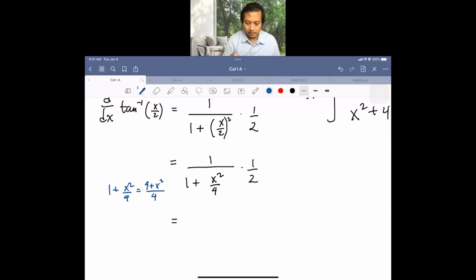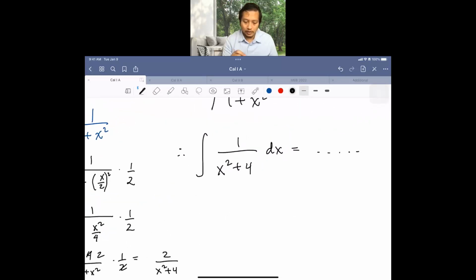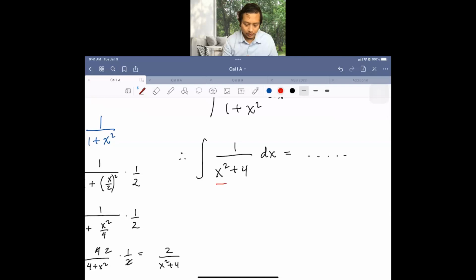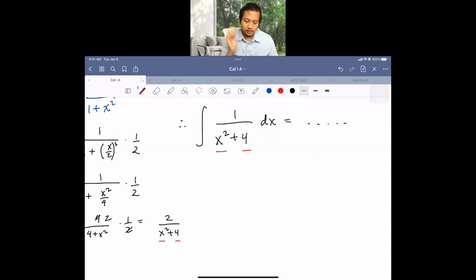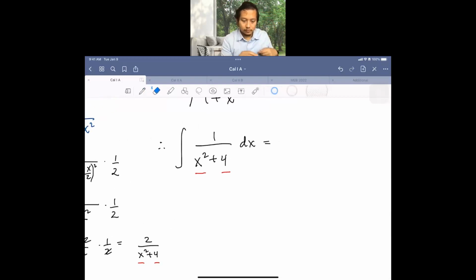So we could make it 4 plus x squared and multiply by half, cancel this 2, so we have 2 over x squared plus 4. Now as we see from what we have, we have x squared plus 4, so we actually need just to multiply by half to cancel this 2 in the top. So this will result in half tangent inverse x over 2 plus c.